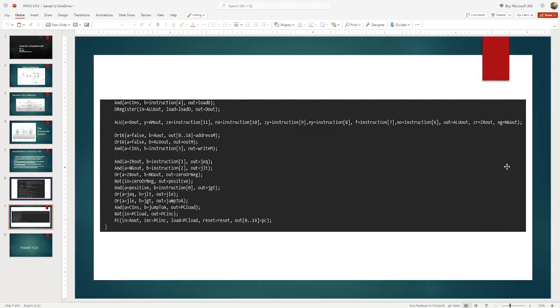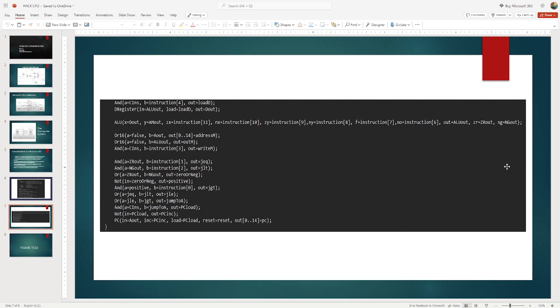Next up is the ALU gate. The ALU computes a function on two inputs, which in this case would be the value that is stored in the D register and the value of either the A or M registers, and then generates an output.